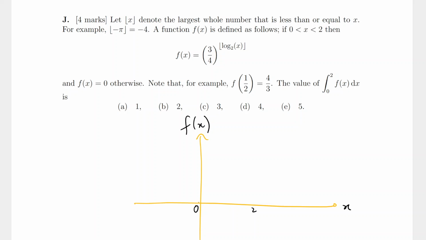The function is 0 otherwise, so let me just sketch lines there. Let's start from the right hand side. What happens when you get log base 2 of 2? That's 1, and the floor of 1 is 1, so that would be 3/4 there.